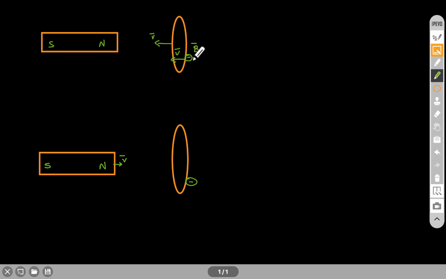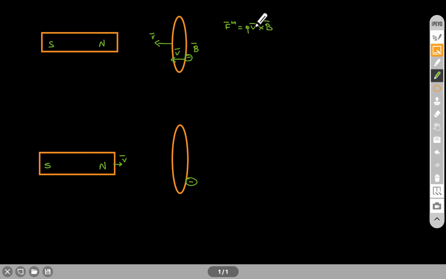The important thing here is to understand that this moving mobile electron is in the presence of an external magnetic field. We know that to have a magnetic force, we need a charge, we need a magnetic field, and the charge needs to be moving.